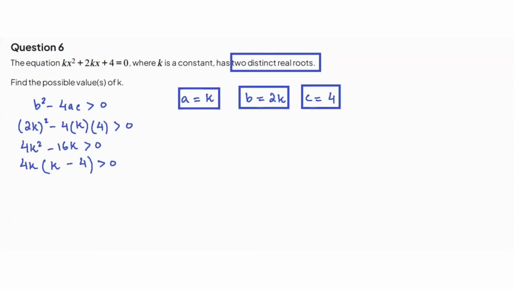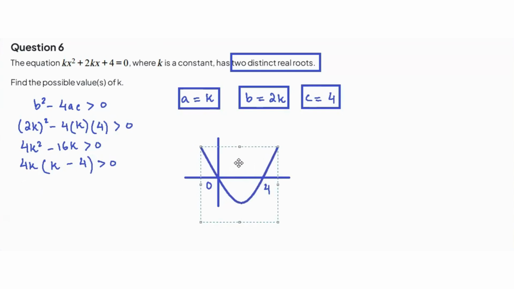So if we roughly sketch this inequality over here, with roots at 0 and 4, we can see that our inequality is greater than 0.